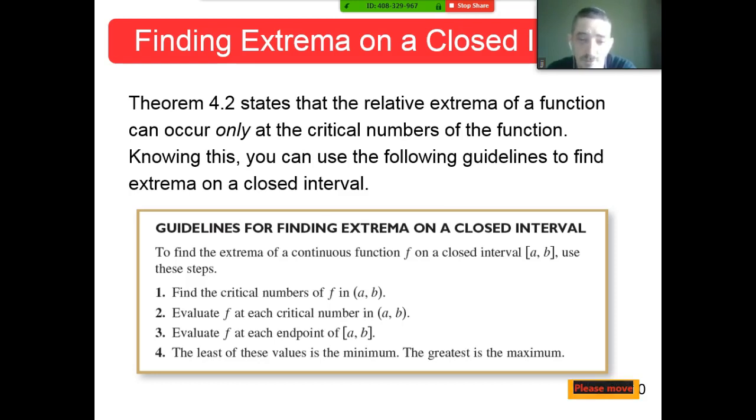Either it's going to be 0 or it's going to be at a place where it does not exist. Those will be your critical numbers. Take your first derivative, set it equal to 0. Any values in that interval that make that first derivative equal 0, those are critical numbers. Any numbers in that interval where the first derivative does not exist, those are critical numbers.